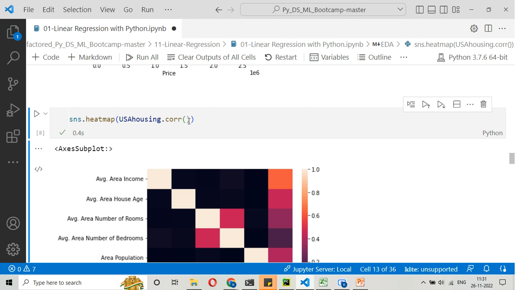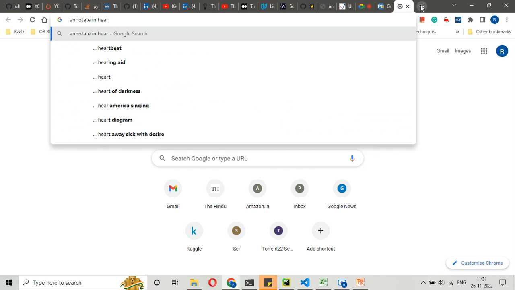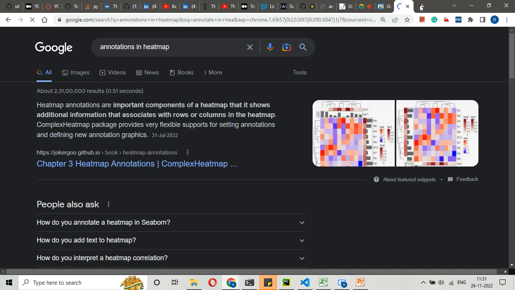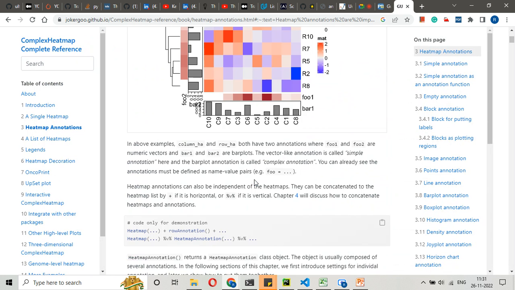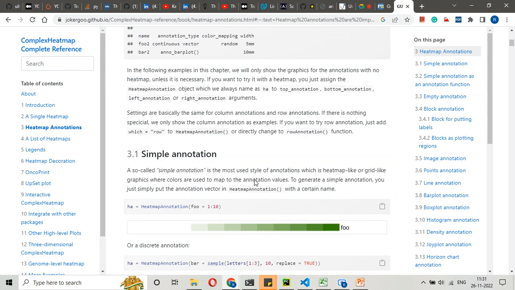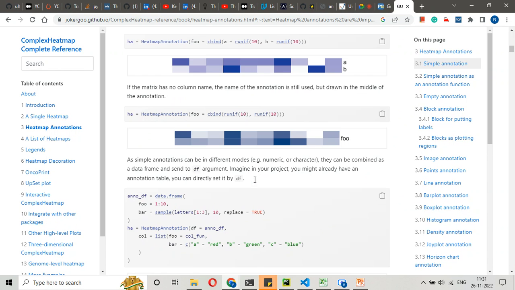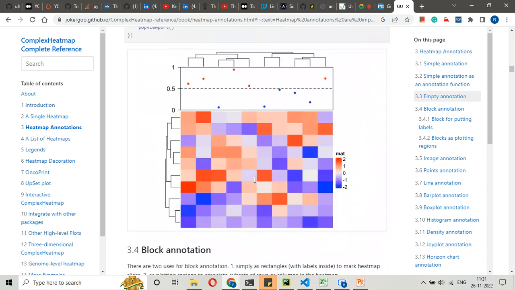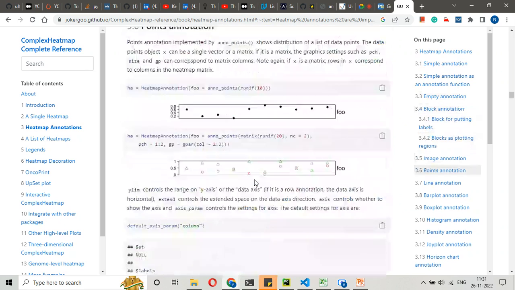Wait, we can check annotations in heatmap. We need the inside values.